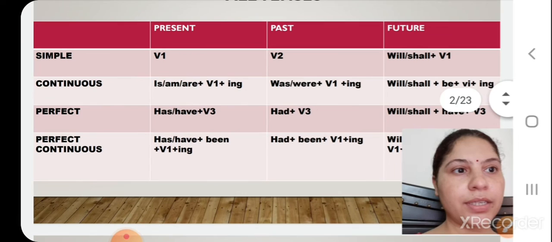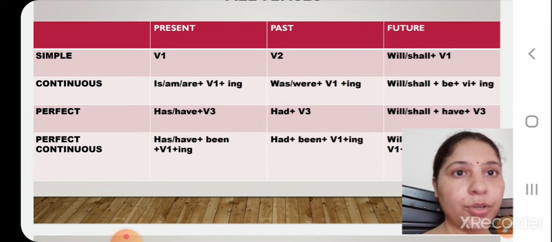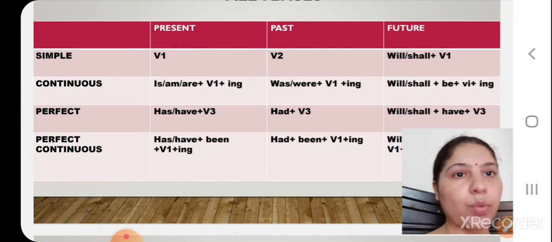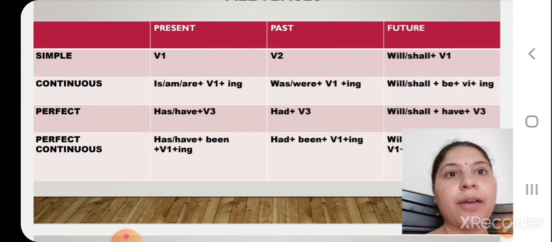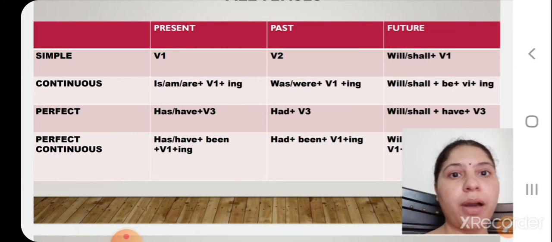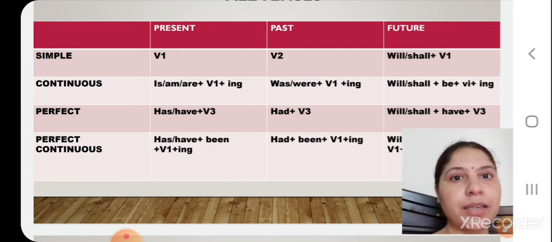So as you can see here, we have three main tenses: present tense, past tense, and future tense. And we have four aspects to each one of them. We have simple present tense, present continuous tense, present perfect tense, present perfect continuous tense. And in the same manner, we have simple past, past continuous, past perfect, past perfect continuous tense.